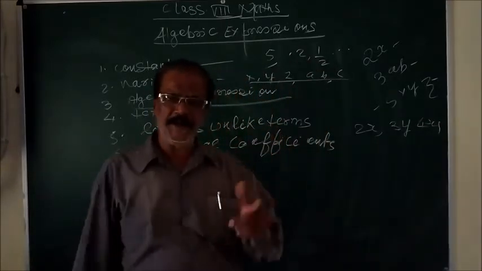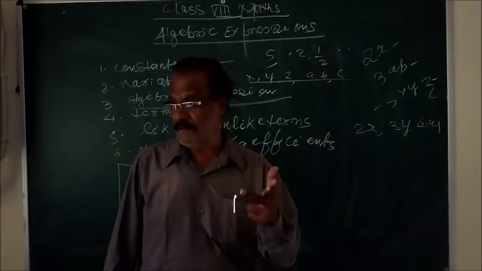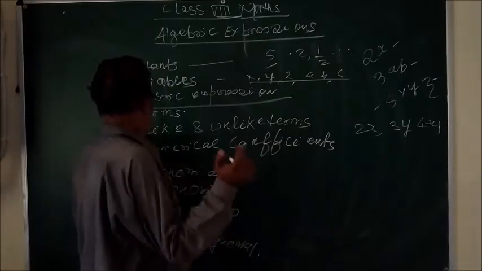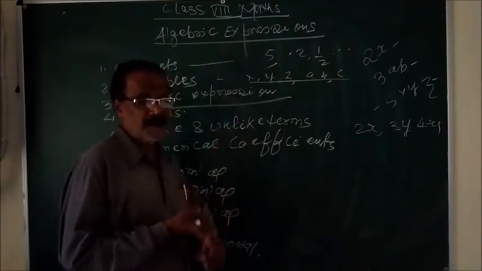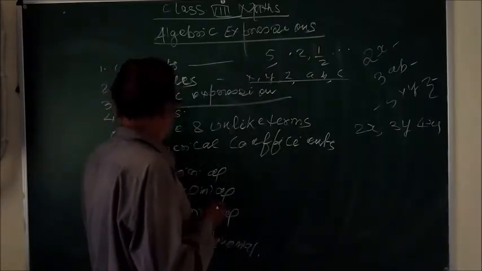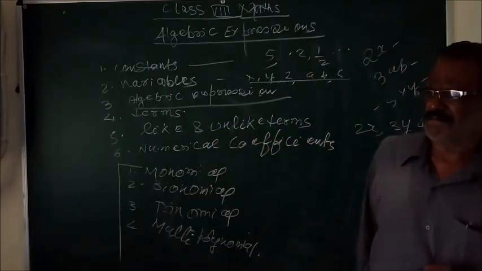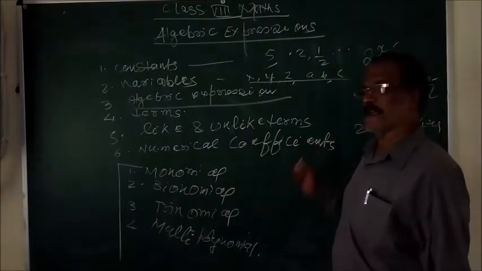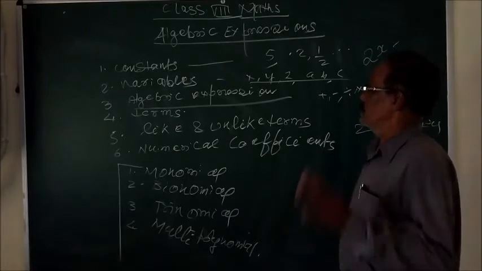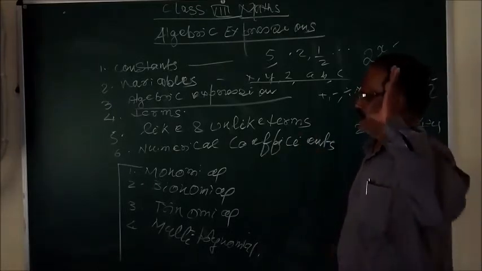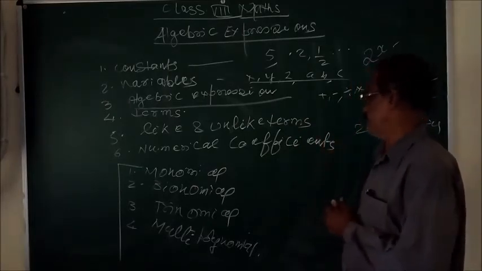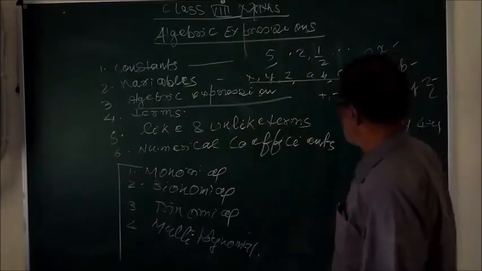An algebraic expression can have one variable or more variables. Terms are the combination of a constant and a variable, connected by mathematical operators like plus, minus, divide, into. There may be a number of terms in an algebraic expression, like terms and unlike terms.